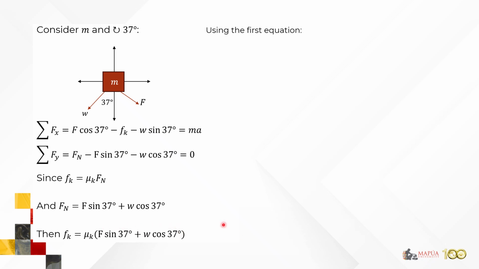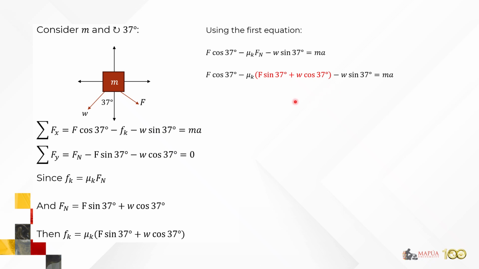Next, using the first equation, remember that F sub k is equal to mu sub k times F sub n. And then again, we can substitute F sub n with this expression.